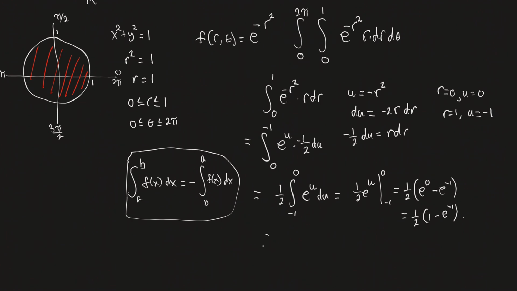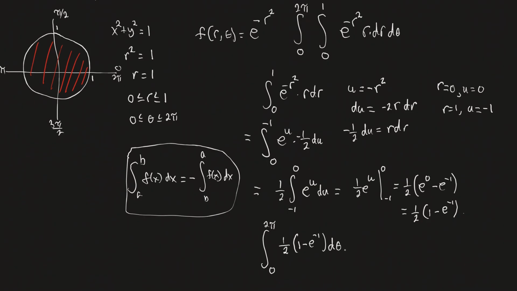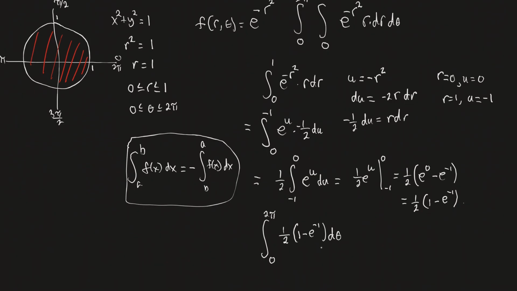So the second integral, to finish this example, is the integral from 0 to 2 pi of 1/2 times 1 minus e to the negative 1 d theta. Now again, you might remember some properties about integrals where you're integrating just a constant, but if you don't want to overthink it and maybe use a property incorrectly, you can still apply your fundamental theorem.